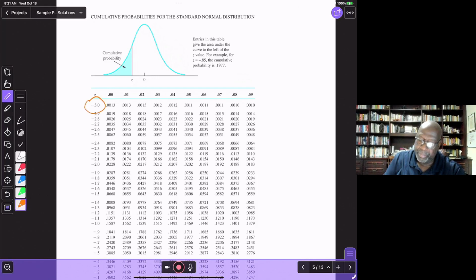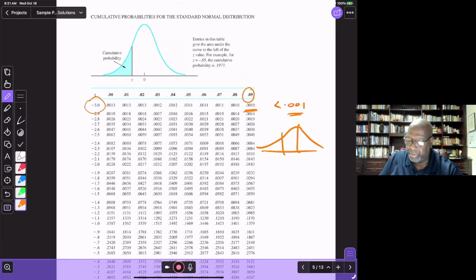This is the area to the left, or that's what's in the tail. So the area to the right of 5.79 is the same as the area to the left of negative 5.79. So negative 5.79 would actually lead to an area that's less than 0.001. Okay? That should not be hard to see.